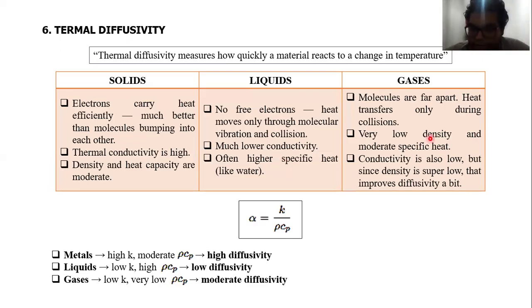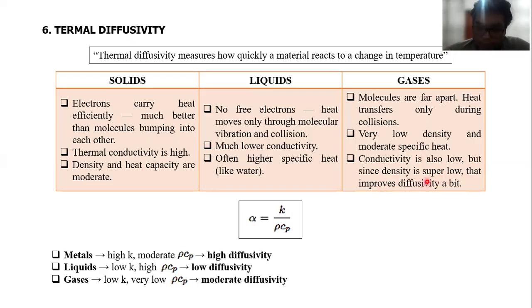And what about the gases? In gases, the molecules are more separated. That's because the repulsion force predominates over the attractive force. Because of that, gases are not very good conductors. Okay, so conductivity is also low, but the density is super low.